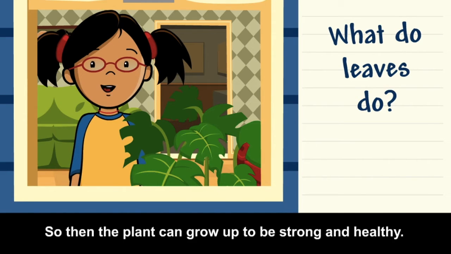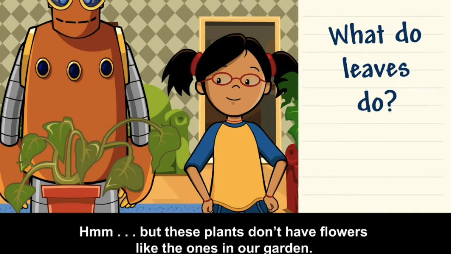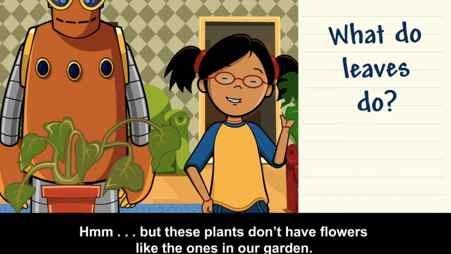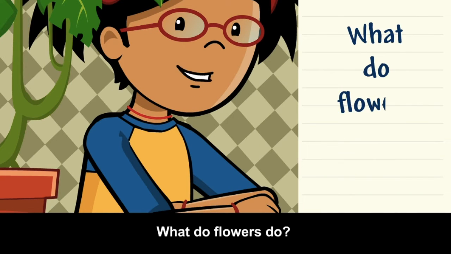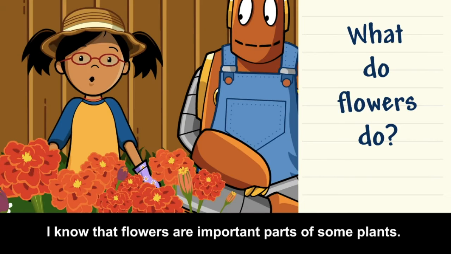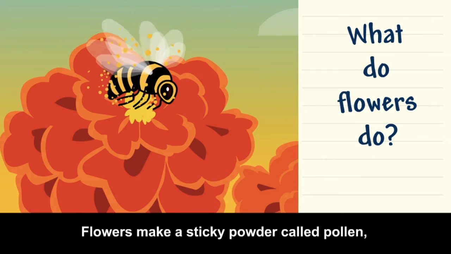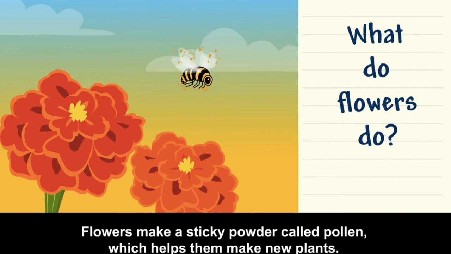So then the plant can grow up to be strong and healthy. But these plants don't have flowers like the ones in our garden. What do flowers do? I know that flowers are important parts of some plants. Flowers make a sticky powder called pollen, which helps them make new plants.